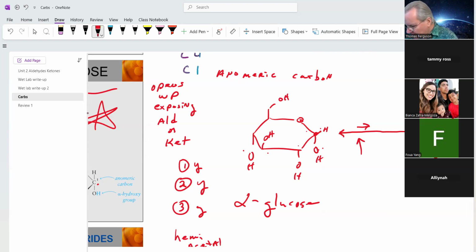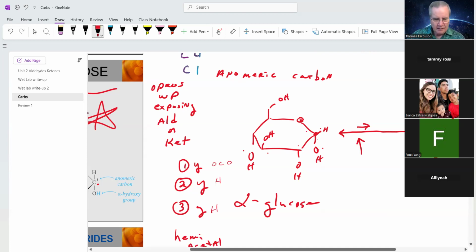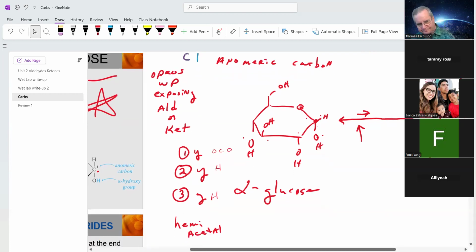So yes, OCO. Yes, hydrogen's present. Yes, an OH is present. Hence, this is a hemiacetal. Oops, this is OH. So this part here is the hemiacetal part.